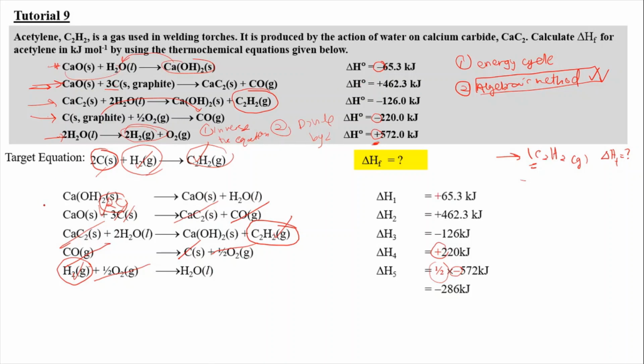Ca(OH)2 solid going to CaO solid plus H2O. So Ca(OH)2 can be cancelled out here, and CaO and CaO can be cancelled out. Water plus water on the product side becomes 2H2O, the one in the box, and 2H2O can be cancelled out with the reactant.